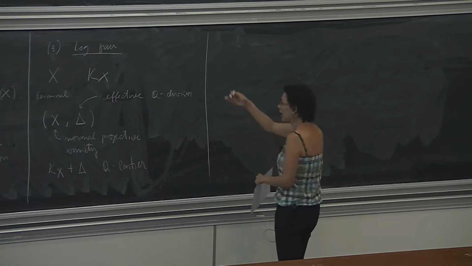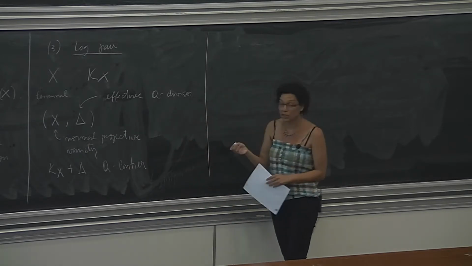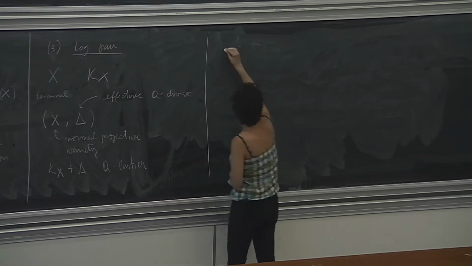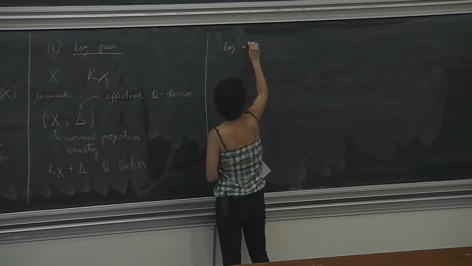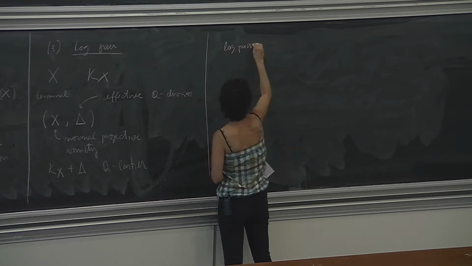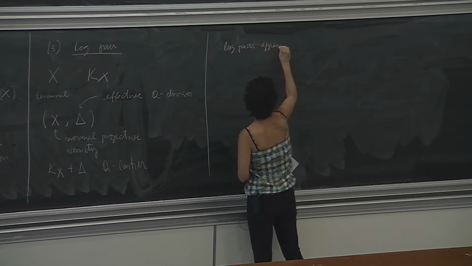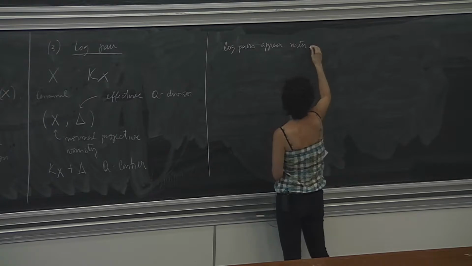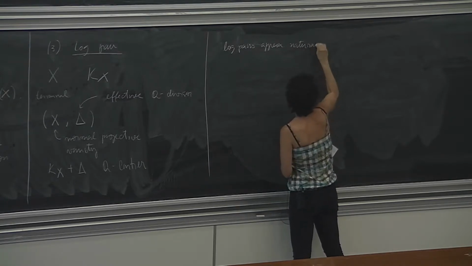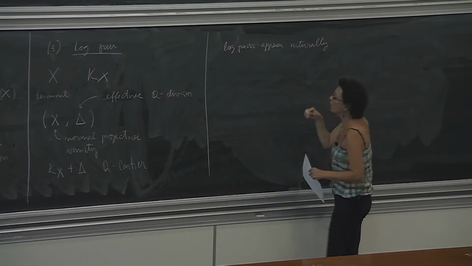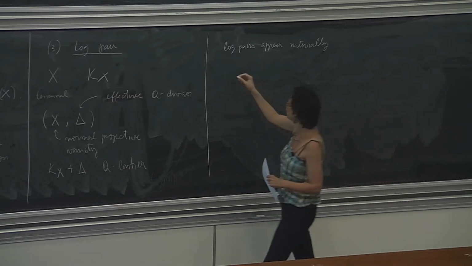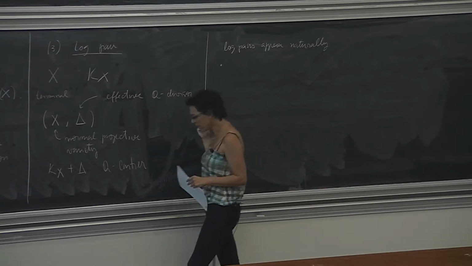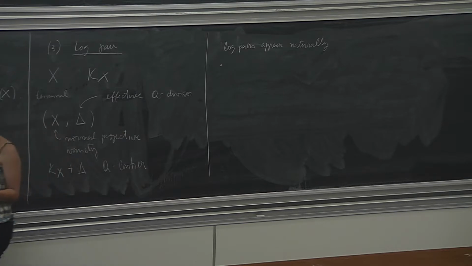And these pairs may look a bit artificial, but they appear naturally in many contexts. So let me just mention a few of them. It already appeared in Demailly's talk on Monday.